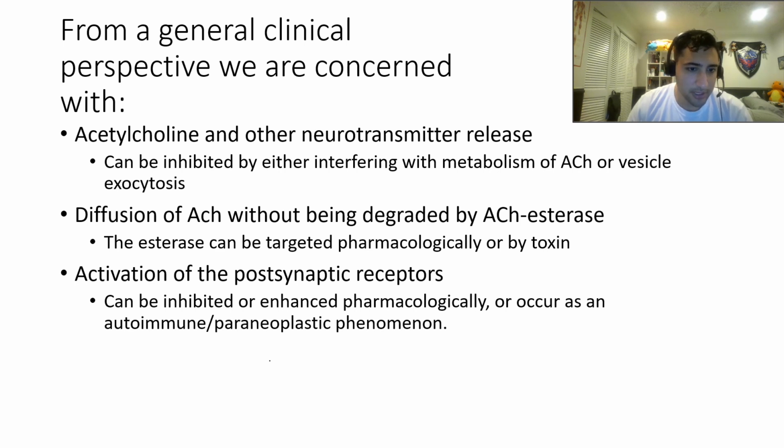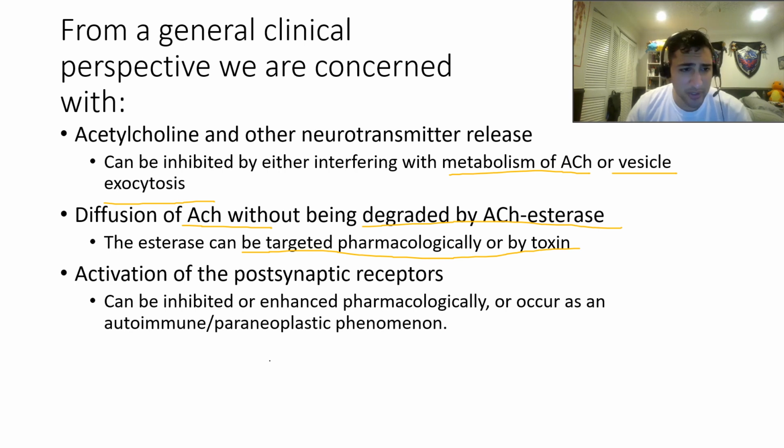So from a general clinical perspective, the things we're concerned with are either interfering with metabolism of acetylcholine or interfering with the vesicle exocytosis, and the drugs you provide to do that and the toxins that interfere with that. We're concerned with the degradation of acetylcholine by the acetylcholinesterase, and these can be targeted either pharmacologically or by a toxin.